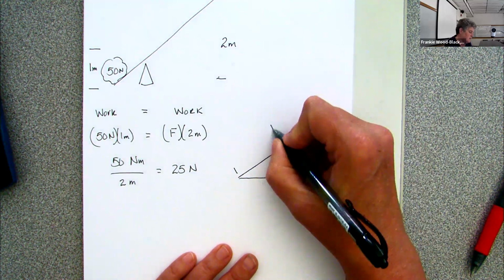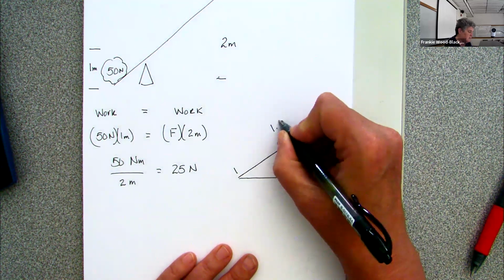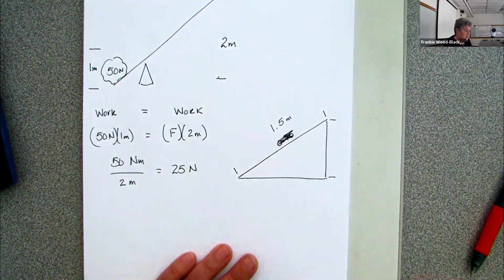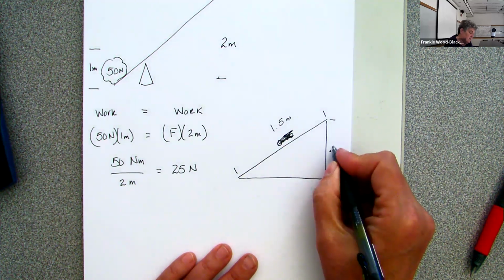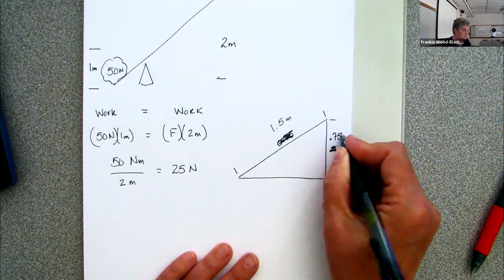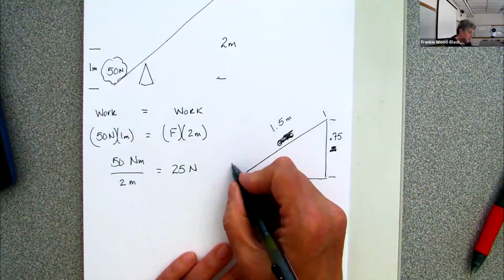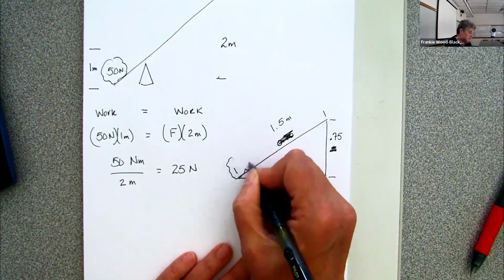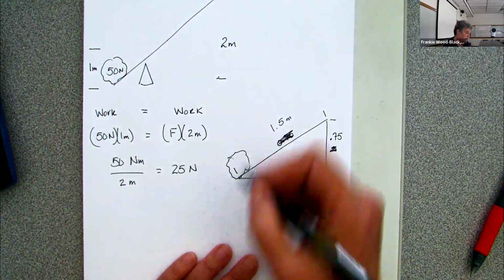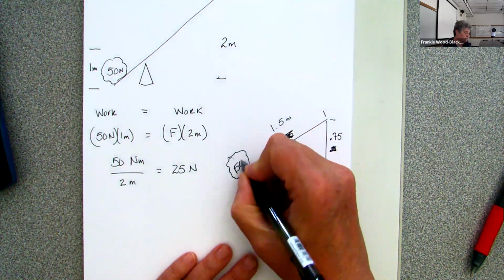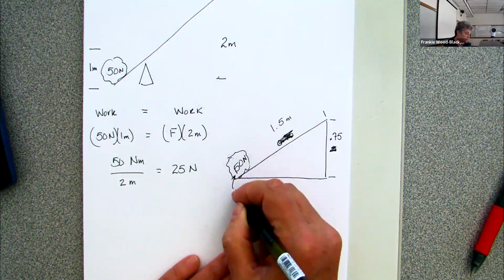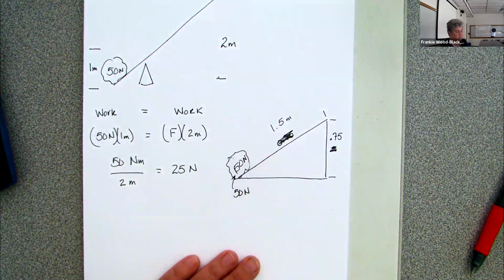We're going to say this is 1.5 meters, and this height here is 0.75 meters. I'm going to take a big mass. I'm going to take a big weight. And we're going to go ahead and do the same one. We're going to use 50 newtons. I'm going to make it so everybody knows that that's 50 newtons.